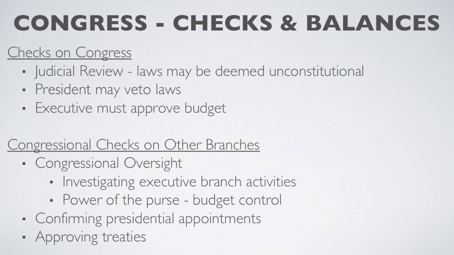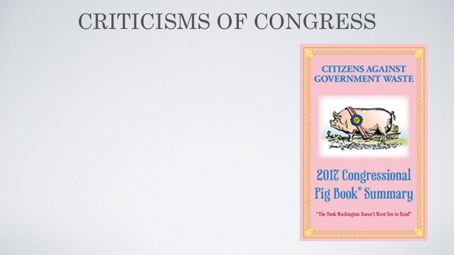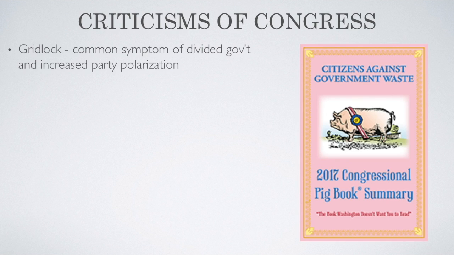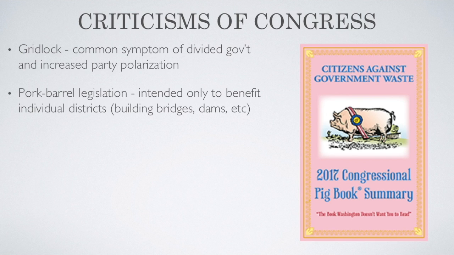Now, what are some criticisms of Congress? There are some problems that we have with Congress, things like gridlock, which is common in a system of divided government and increased party polarization. You have pork barrel legislation, which is intended only to benefit individual districts. Different congressmen will add things to the bills, often known as earmarking, but those are things that only benefit their district instead of the whole United States.